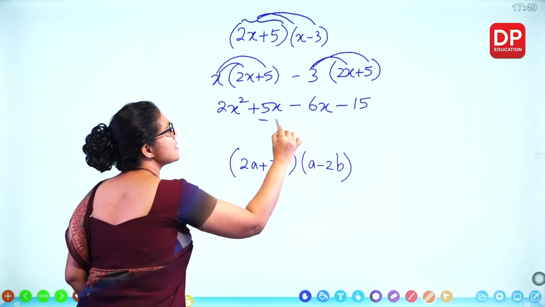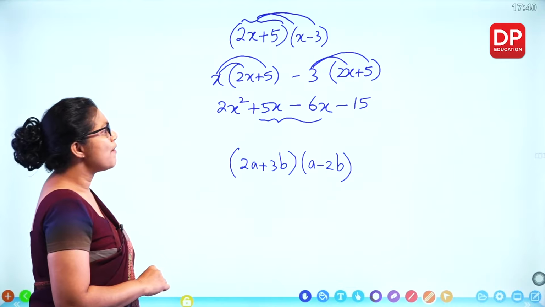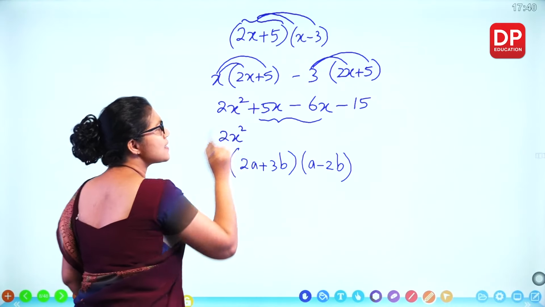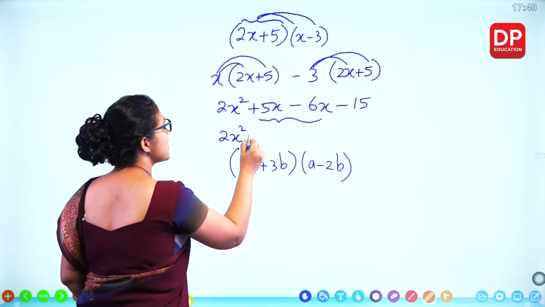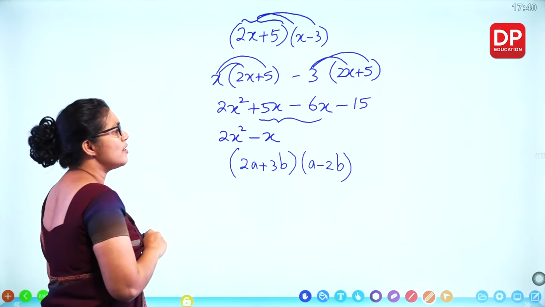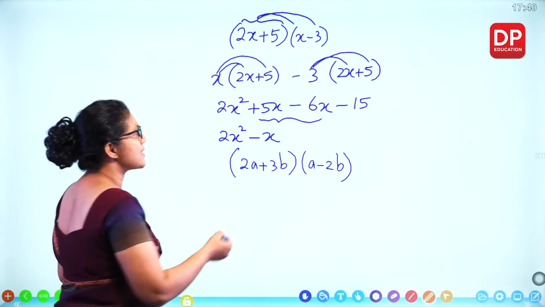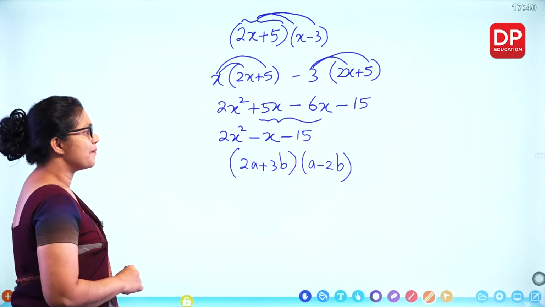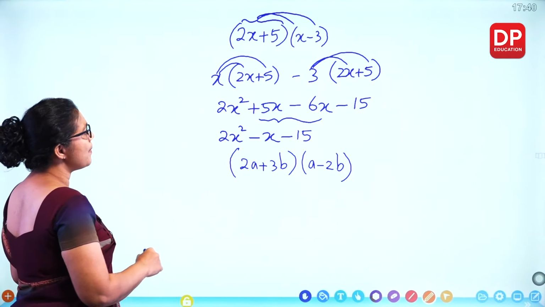Now we can see you can simplify further. You get 2x squared plus 5x minus 6x. You get minus 1x. No need to write 1, you can just write minus x. And then you get minus 15. Now we'll take another example here.